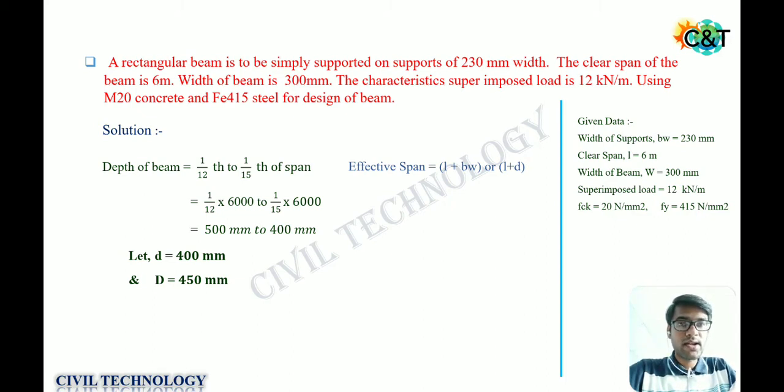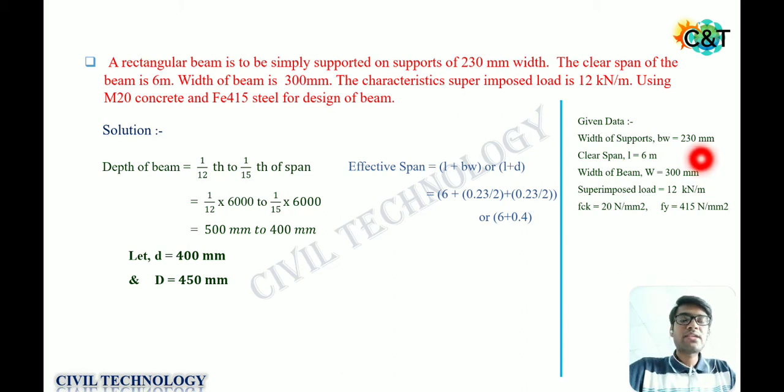So let's calculate. The clear span, as we see here, is 6 meter, already given in the problem, and the width of support is 230 mm. So what we do is take half of the width of support from both sides. In our problem the width of support on both sides is the same, that is 230 mm.